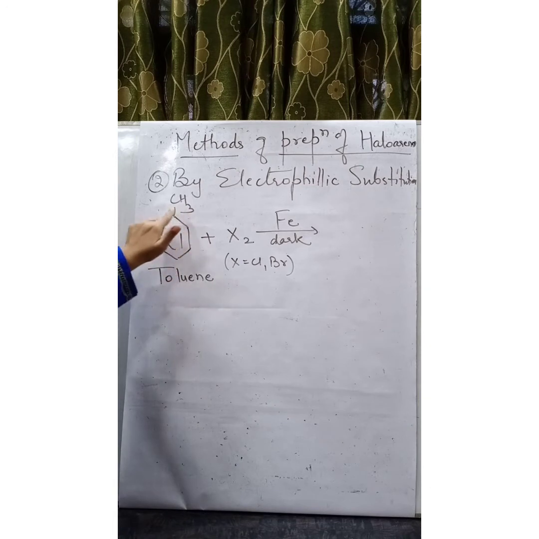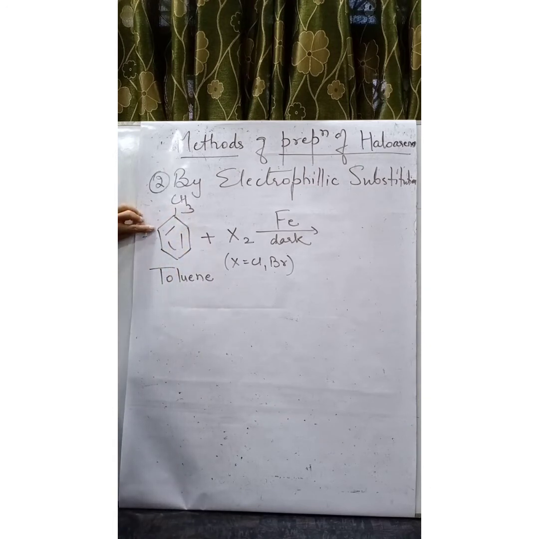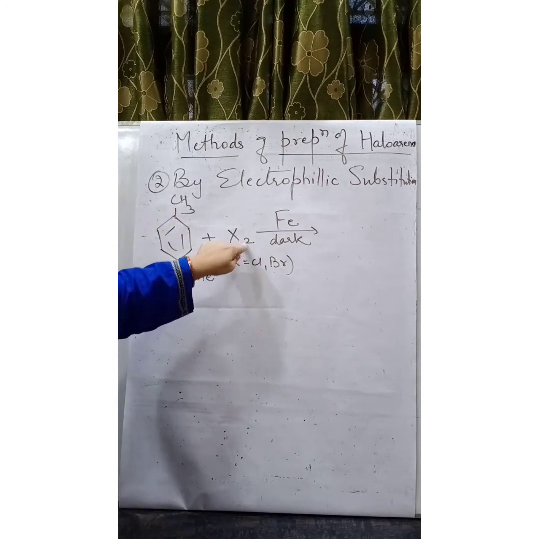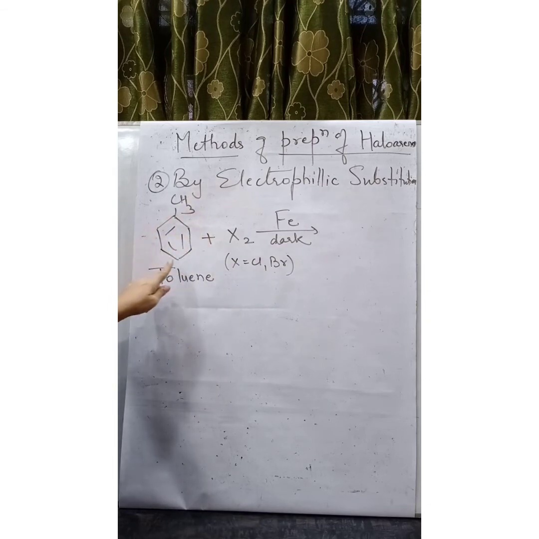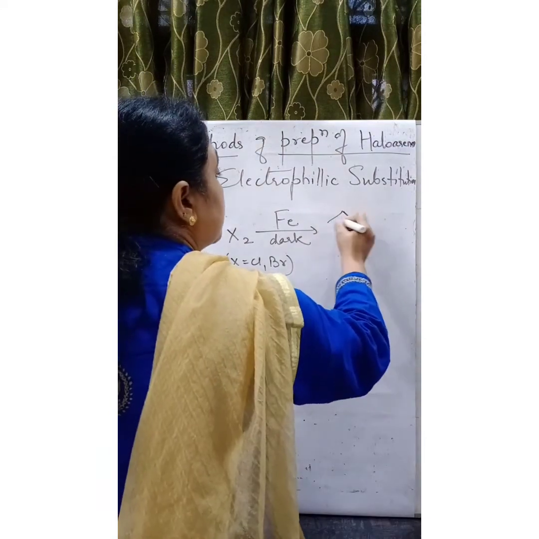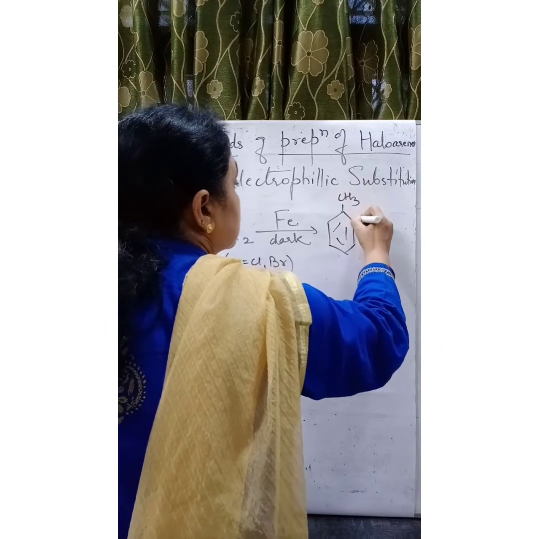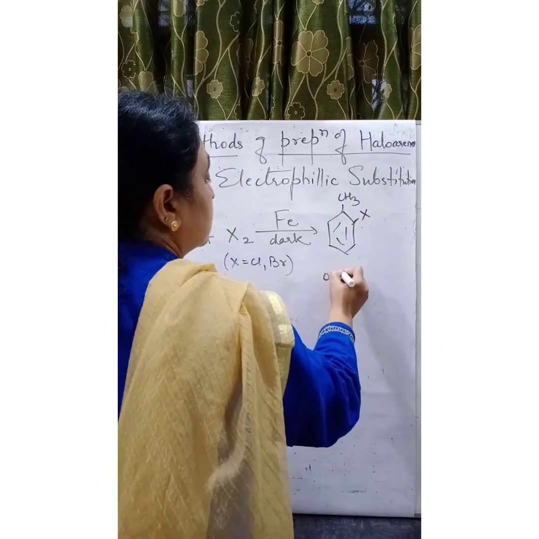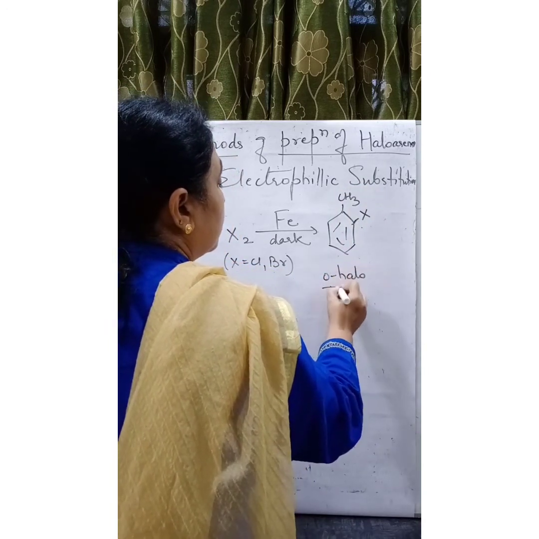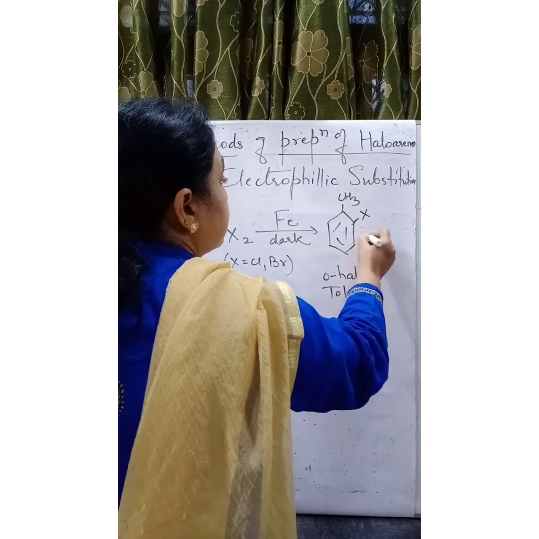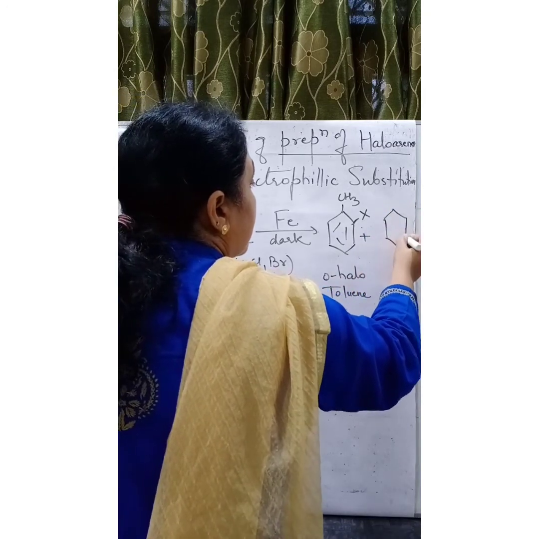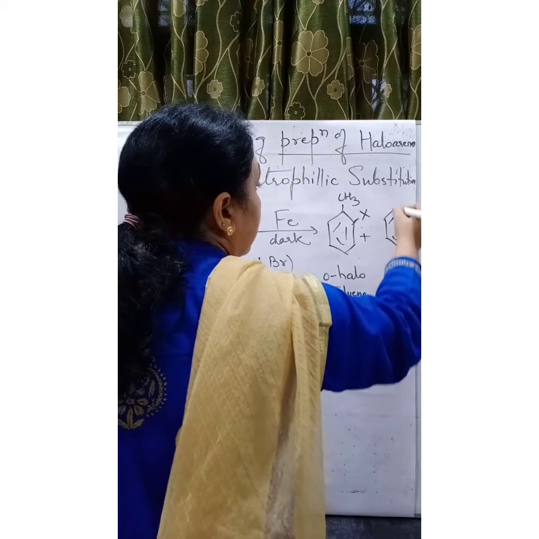Now if you see this benzene ring, the ortho and para positions are rich in electrons if we draw the resonating structures. So the halogen is going to attack at ortho and para positions, and it gives us a mixture of ortho-halotoluene plus para-halotoluene.